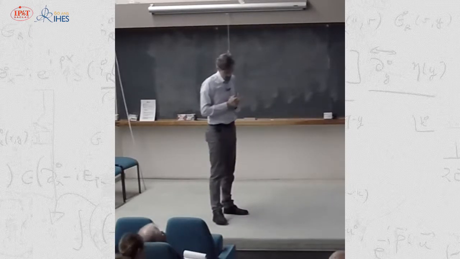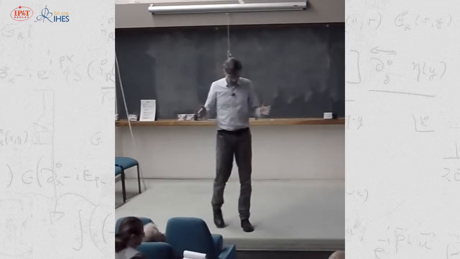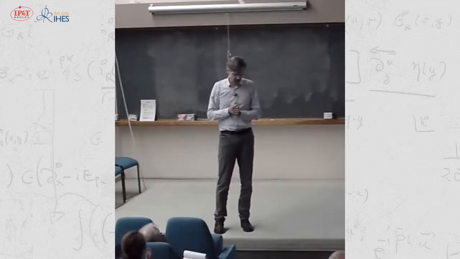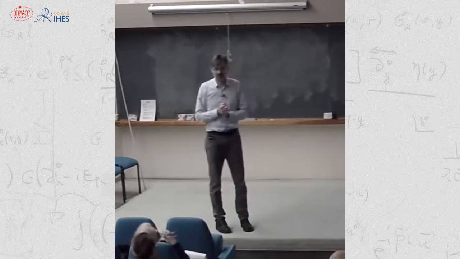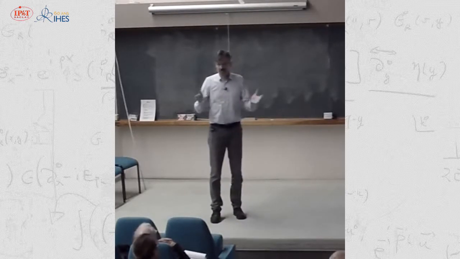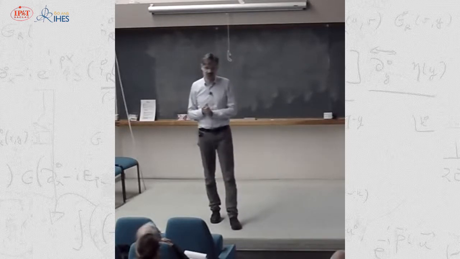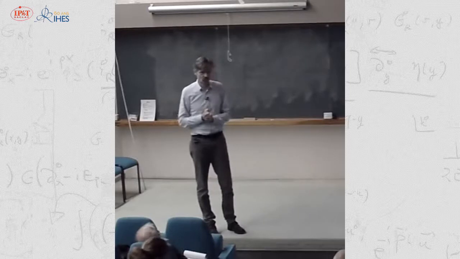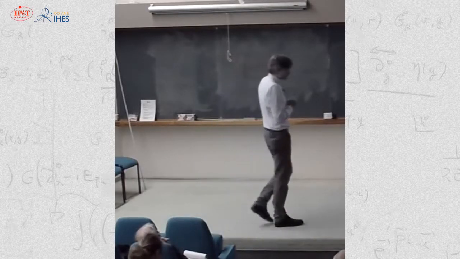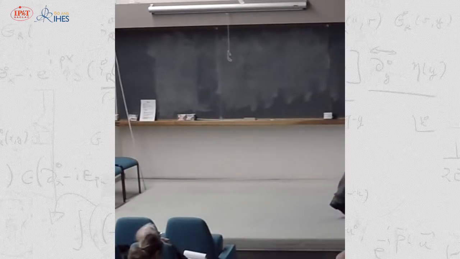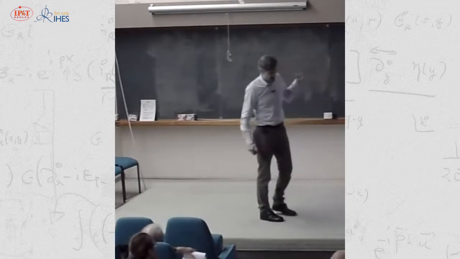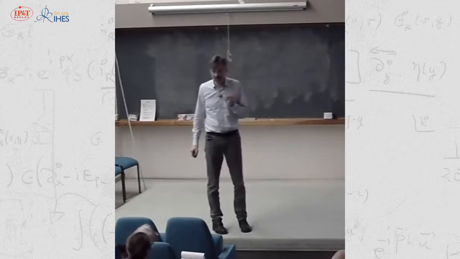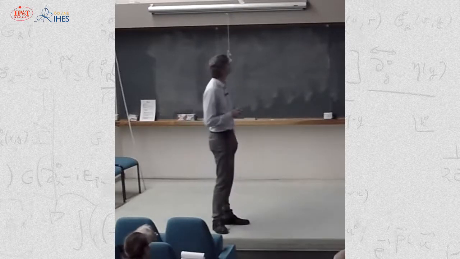Very much like when you construct representations of the rotation group or spin group, you can realize them as spherical harmonics, which are functions on the quotient of the group SU2. So I will do this exercise only for the simplistic case where we have a 4-point function of local operators, okay? And then I'll say a little bit about generalizations.